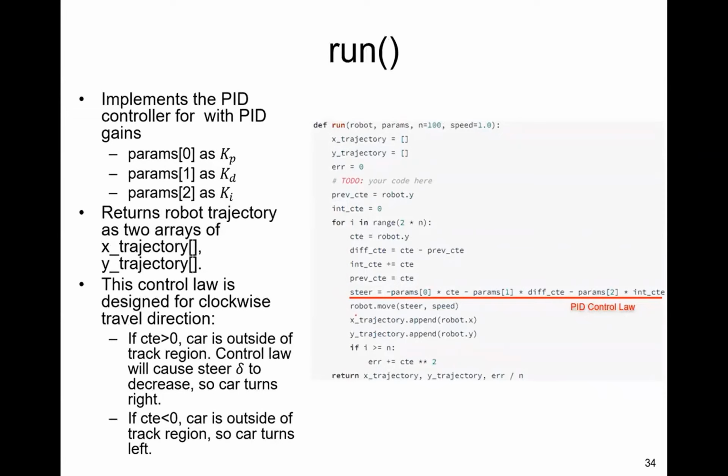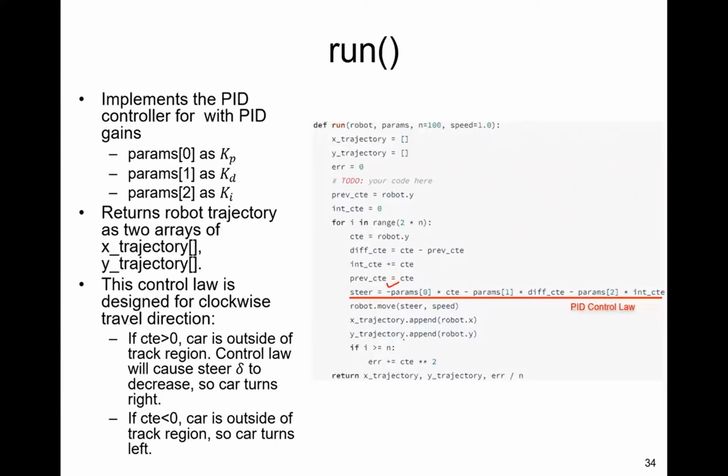So to get a trajectory, that is the actual trajectory traveled by the robot. So notice that the control law here, we have a minus sign at every term. So it's designed for the clockwise travel direction.